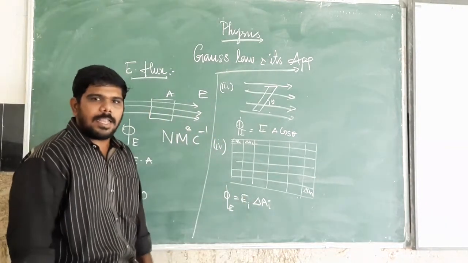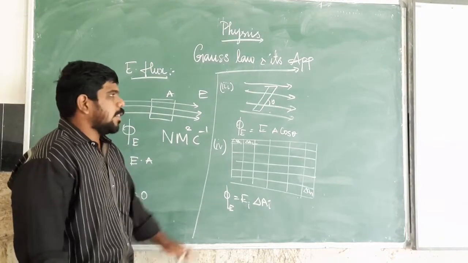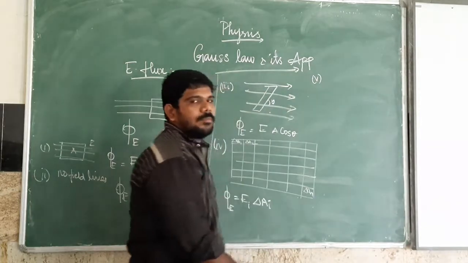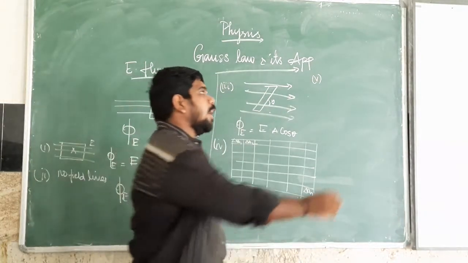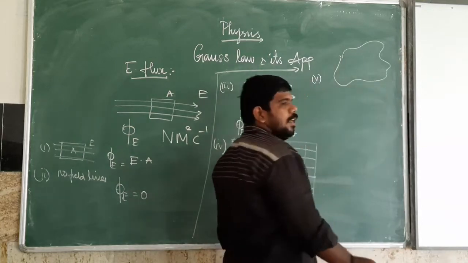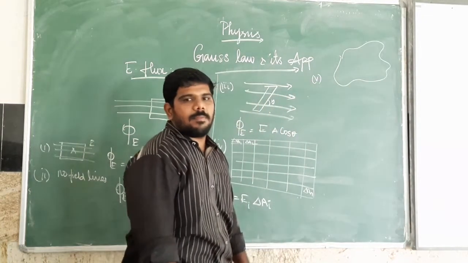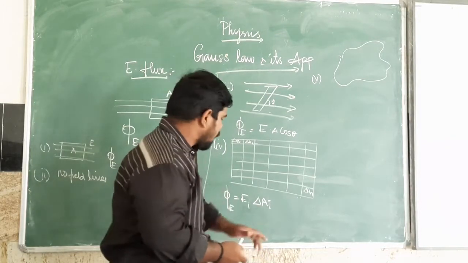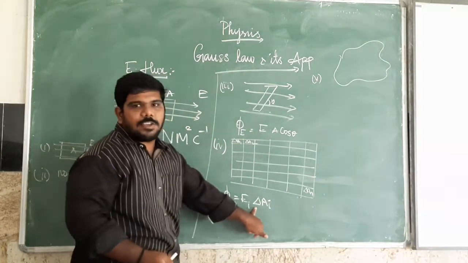Okay, then for the fifth point, if the surface is an irregular shaped surface, the del will be changed into integrations.